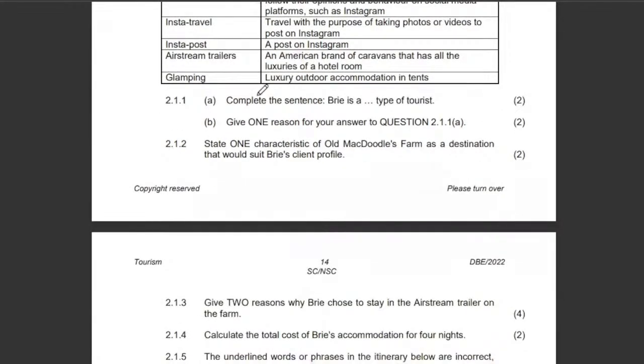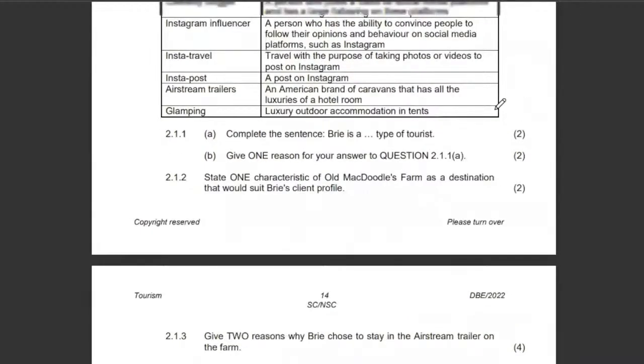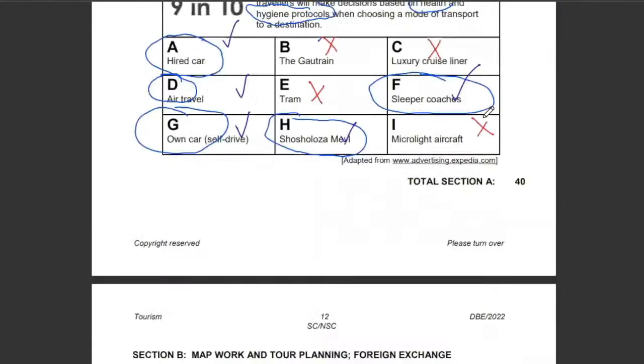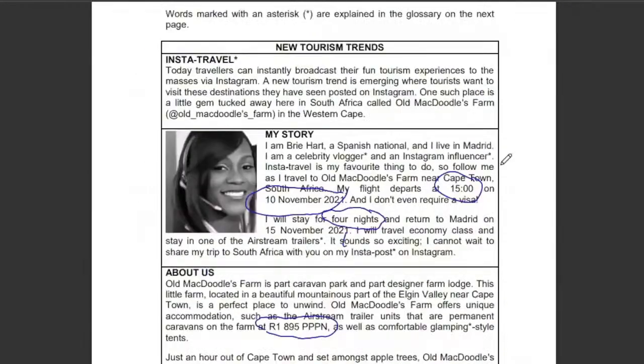So the first question reads 2.2.1.1. Complete the sentence: Bray is a type of tourist. So we are being asked, what type of tourist is she? If you look at her profile, we need to go back and look at her profile so that you can understand and we can get a correct answer. The first thing, she is a celebrity vlogger and an Instagram influencer.